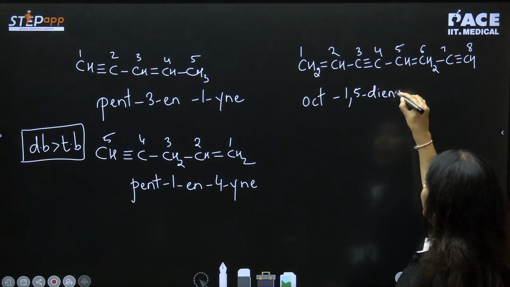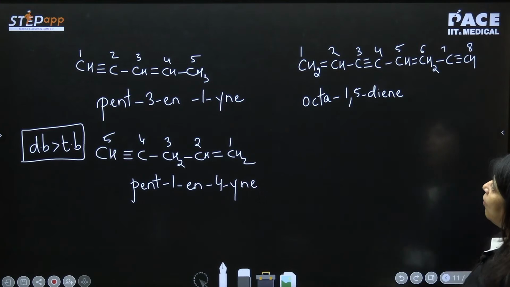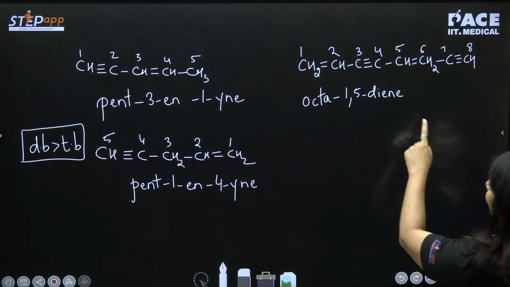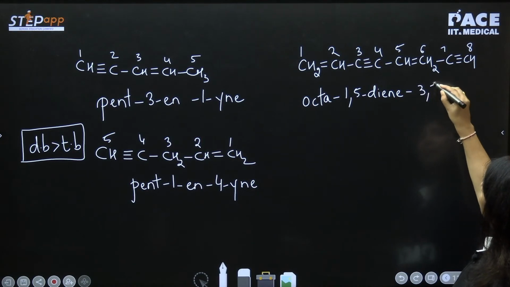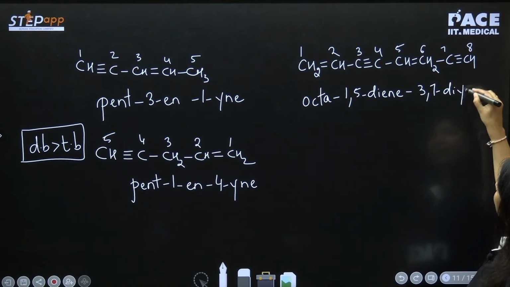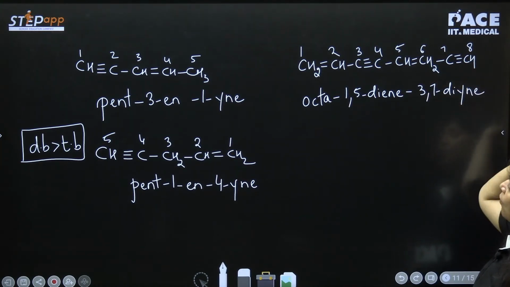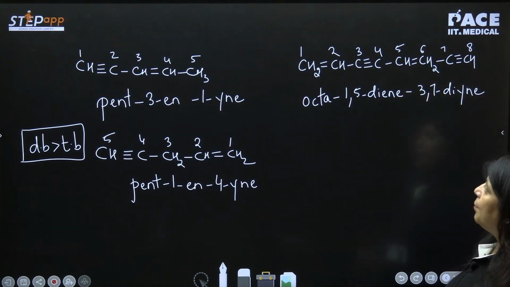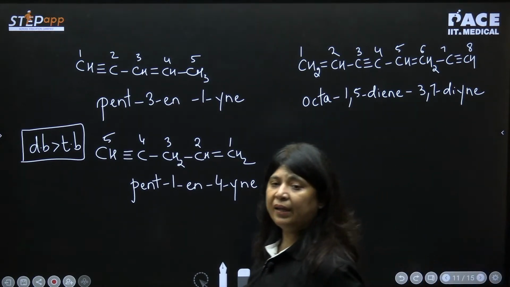I'll be using the letter A after the root word because the d is not a vowel. Octa-1,5-diene, then 3,7-diyne. I have retained the E here because the next letter is not a vowel. So the name of the organic compound is octa-1,5-diene-3,7-diyne.